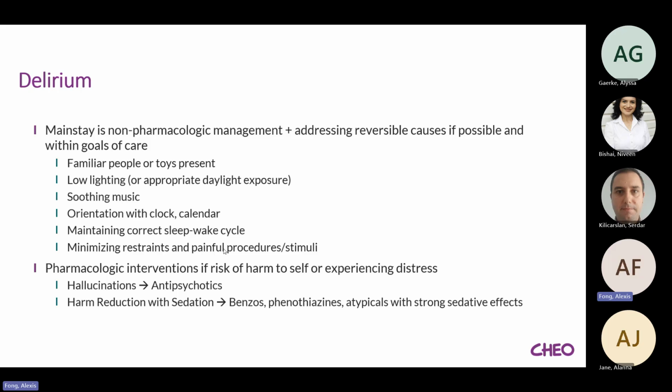So for hallucinations, we might consider antipsychotics or harm reduction with sedation with benzos or phenothiazines, atypicals with strong sedative effects. Again, for testing purposes, at most, you could say hallucinations, consider antipsychotics.